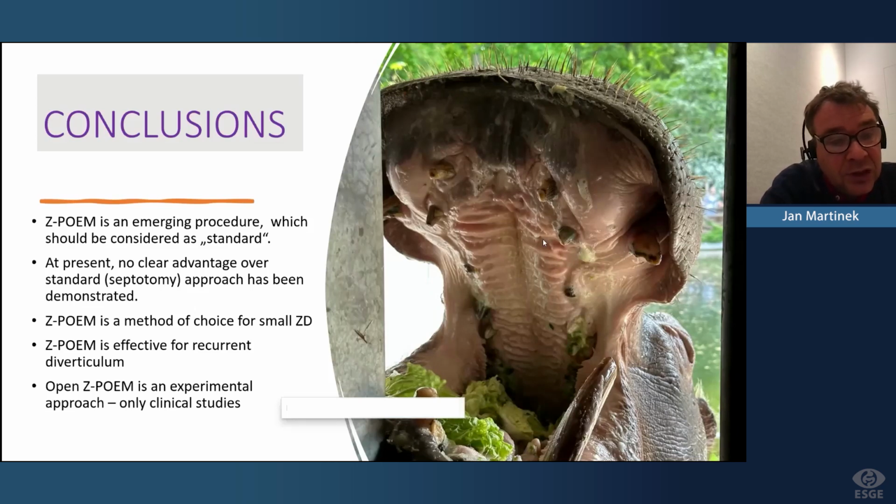At present, no clear advantage over standard septotomy approach has been demonstrated for ZPOM. ZPOM, in my view, is a method of choice for small diverticula. ZPOM is effective even for recurrent diverticulum, and open ZPOM is an experimental approach and should be performed only within clinical trials. Thank you for your attention.